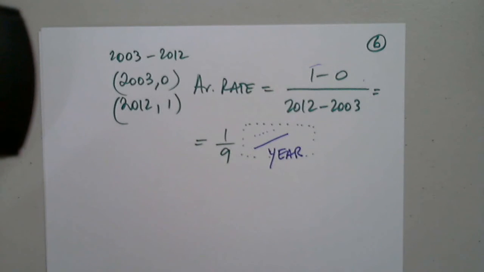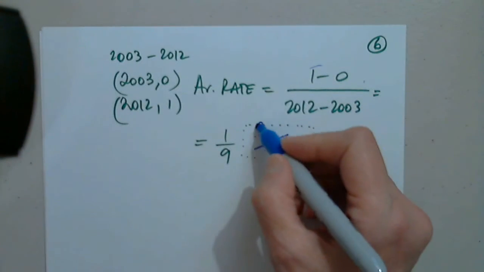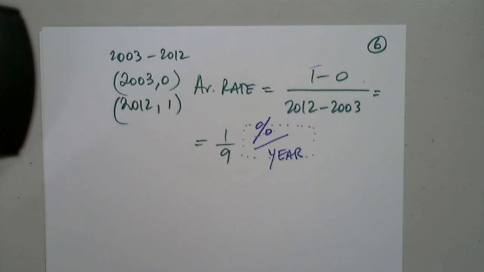Now let's see what was. So this was number of employees, percent. Okay, so percent then. Percent per year. So please remember the measurement unit, always. So it's 1 over 9.